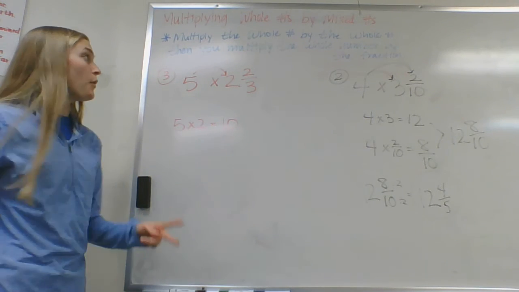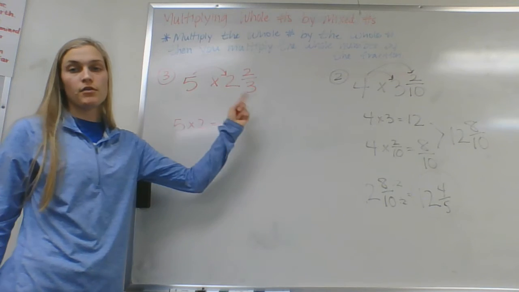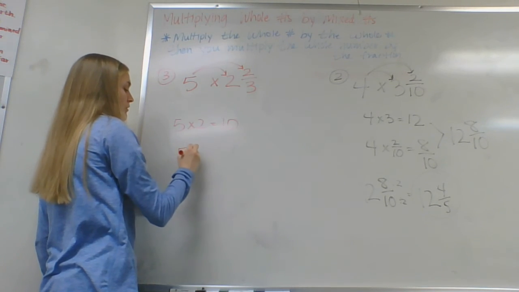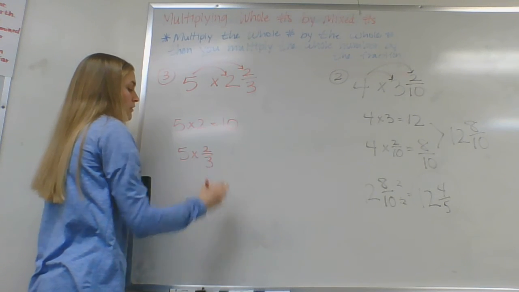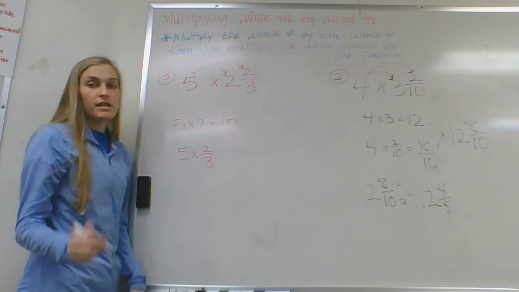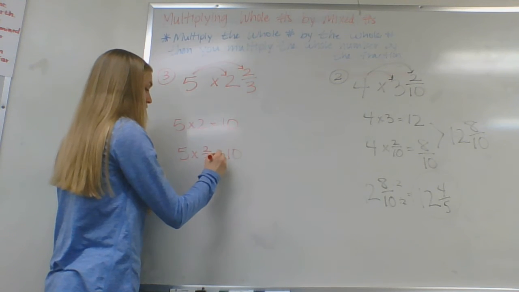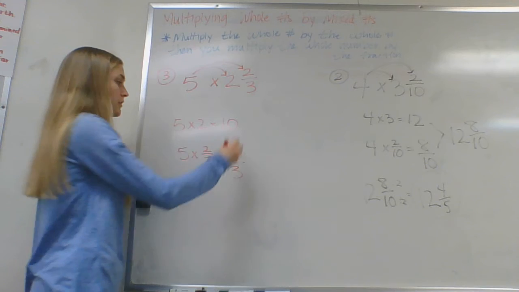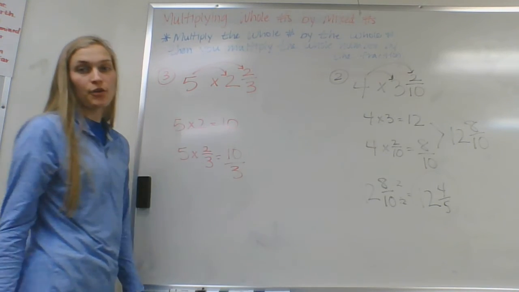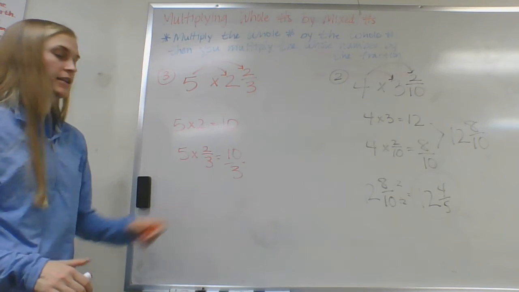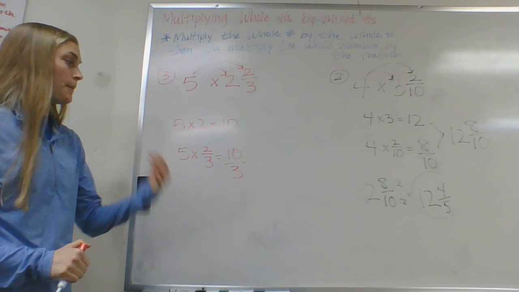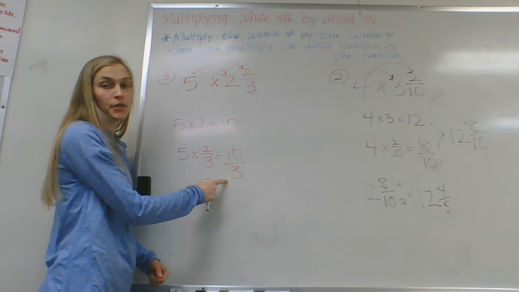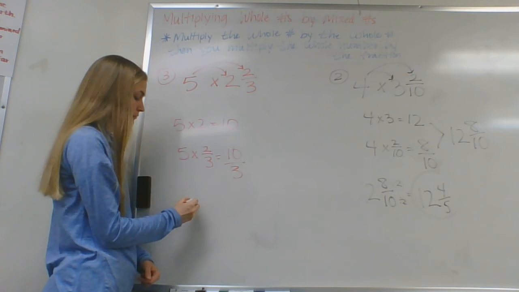Step 2, multiply the whole number that's by itself with the fraction. 5 times 2/3. 5 times 2 is 10, and you keep your denominator 3. So here we have 10 and 10 thirds, but we don't want to keep that 10 thirds. We want to make it a mixed number. So we're going to have to divide 10 divided by 3 because the numerator is bigger.